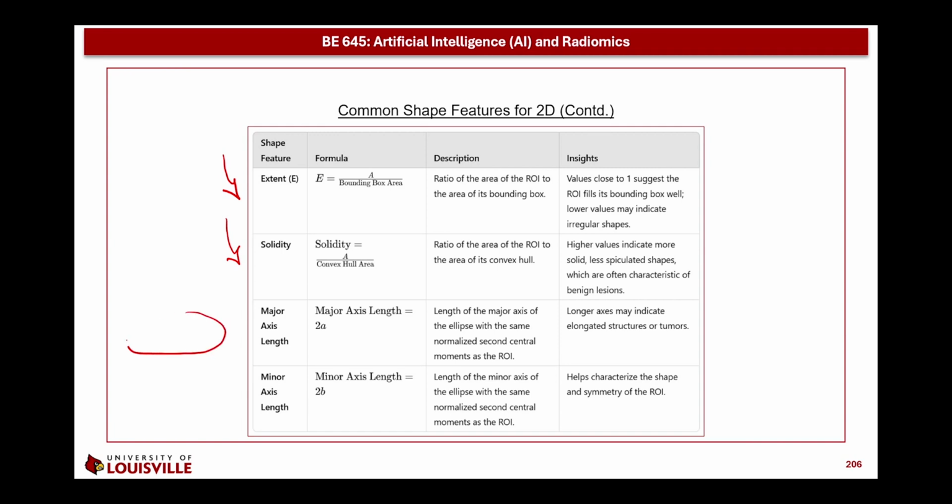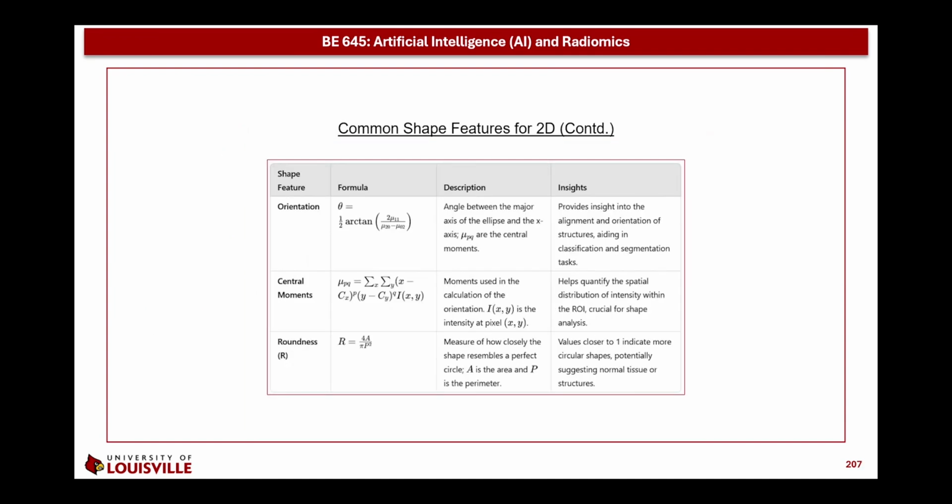So if we are drawing an ellipse around the ROI, or if the ROI is close to being an ellipse, the major axis and the minor axis will be something like that. Orientation, this is the angle between the major axis of the ellipse and the x-axis, and mu here and here reflect something called central moments.